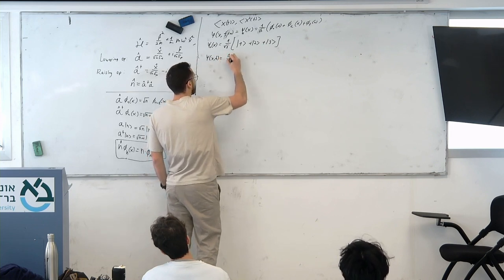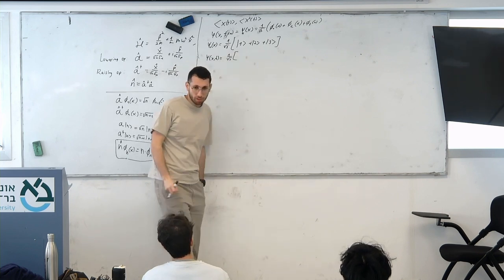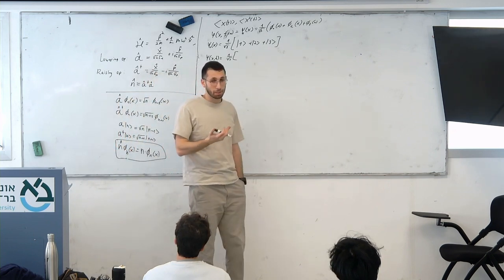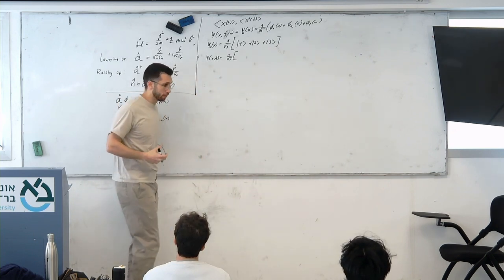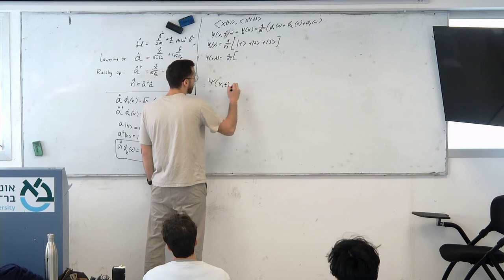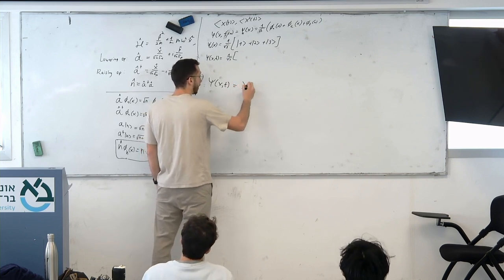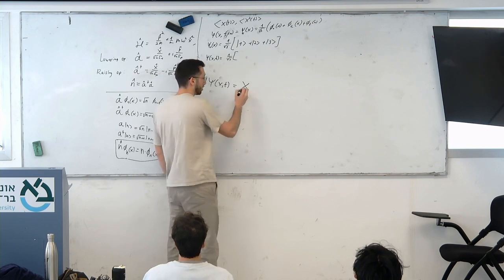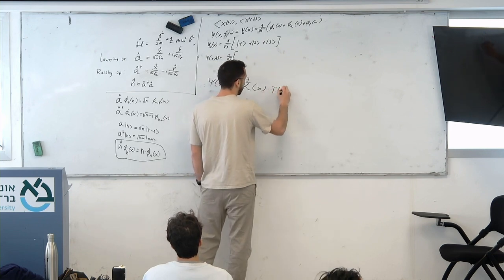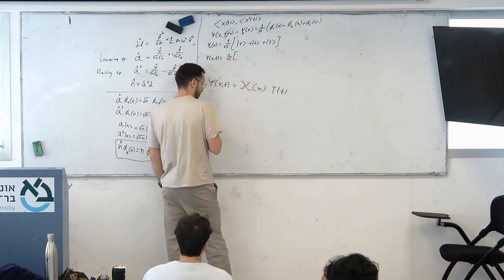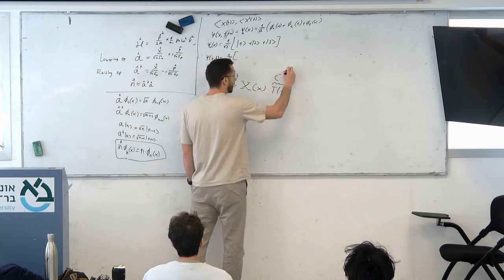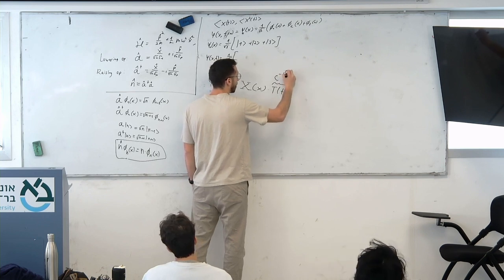How am I going to do it? For the harmonic oscillator case, we have a potential which is independent of time. So when we solved for psi of x and t, this is a short reminder, we used separation of variables. We said we have some function of x times some function of t. Perfect. This function of t was e to the minus i E_n over h bar t.